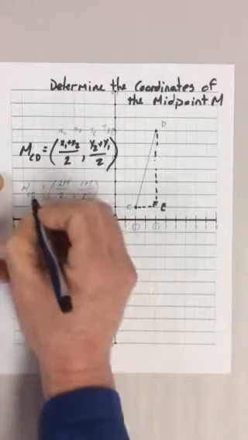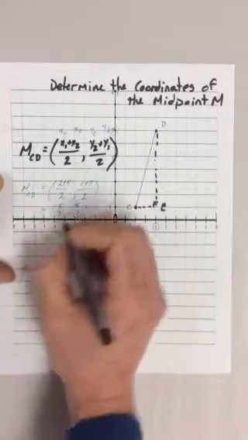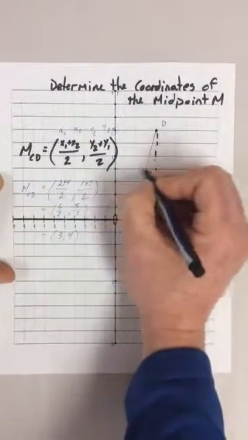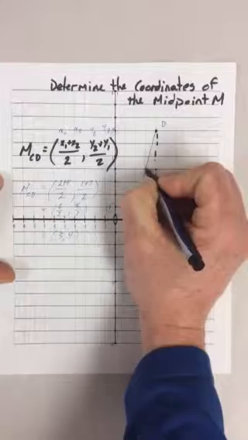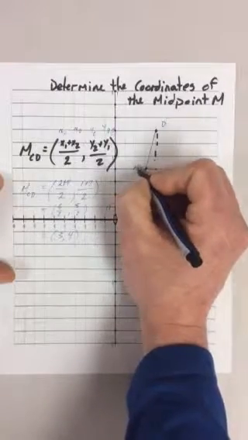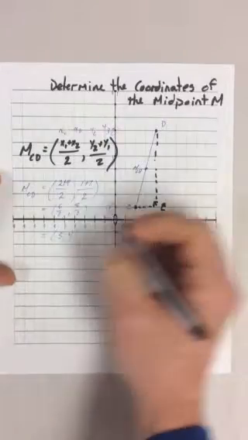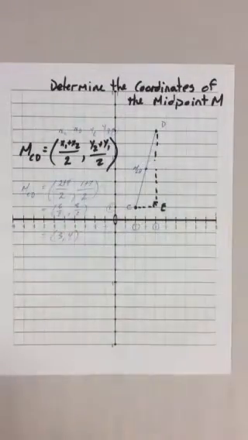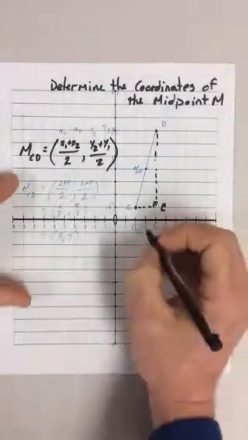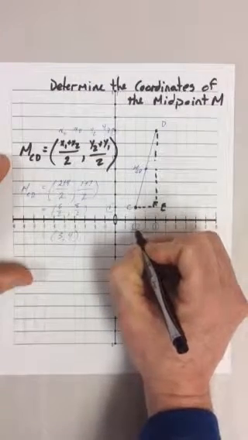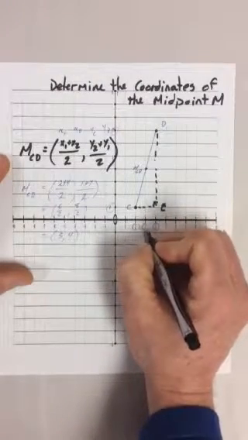So the midpoint of CD should be at 3, 4, right here. So this is the M of CD. Proof. Always good to have proof. If you look at your graph, halfway between 2 and 4 is 3.